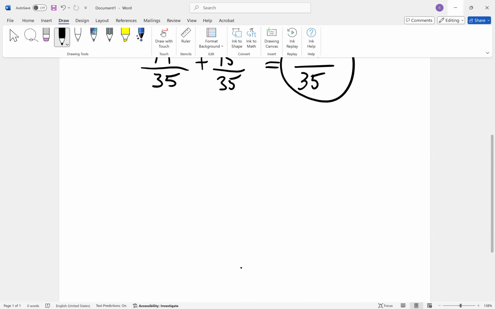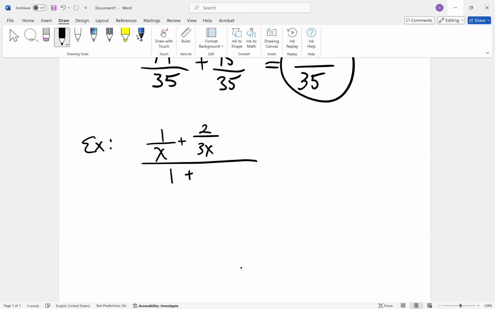This is an example of a rational expression. Let's say I had 1 over x plus 2 over 3x divided by 1 plus 4 over x squared. This would be a complex fraction.